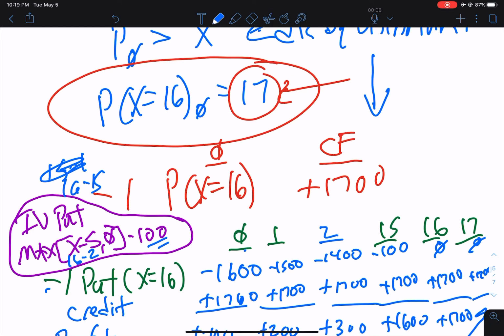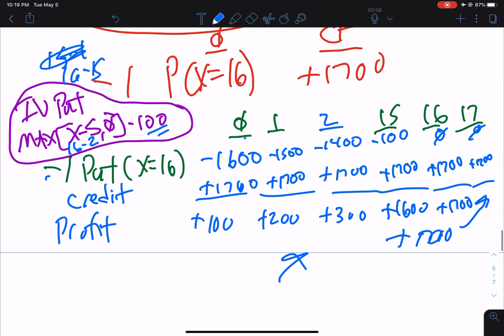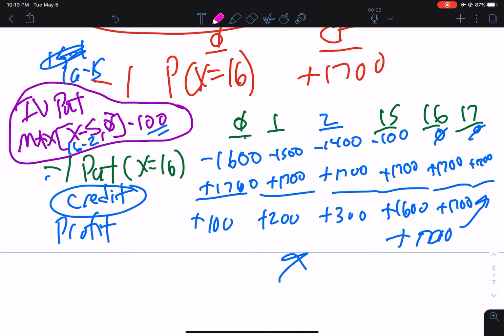And so over time, the price of the put will fall, so that eventually this credit becomes lower than the actual intrinsic value of the put at option expiration, which allows for the possibility of loss at some of these prices. And if that's the case, then that's a potential equilibrium price.